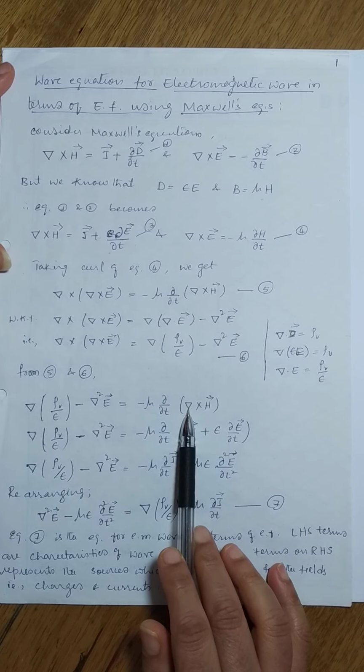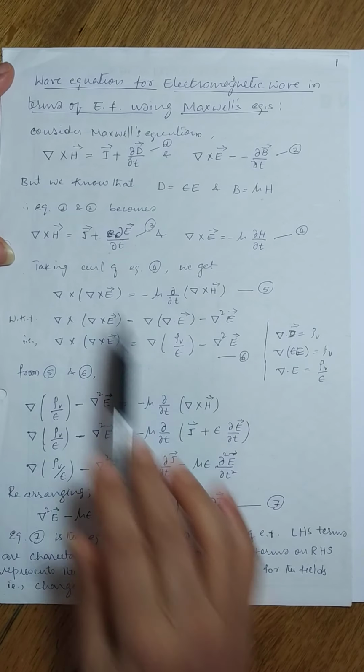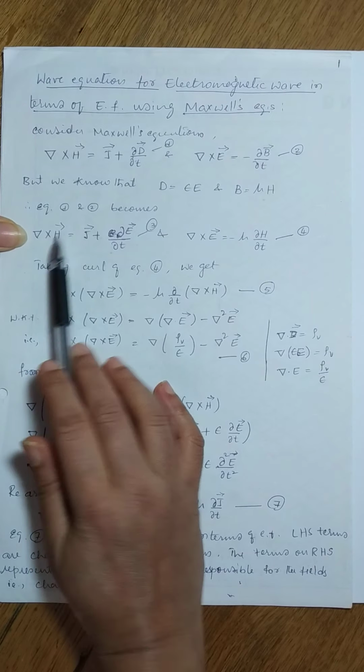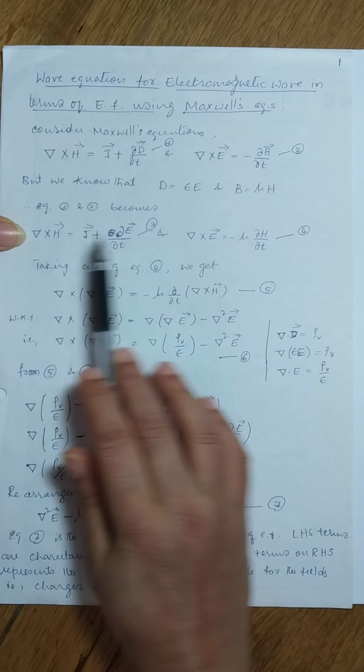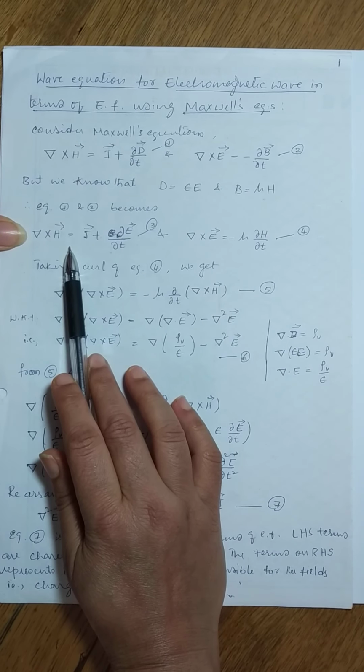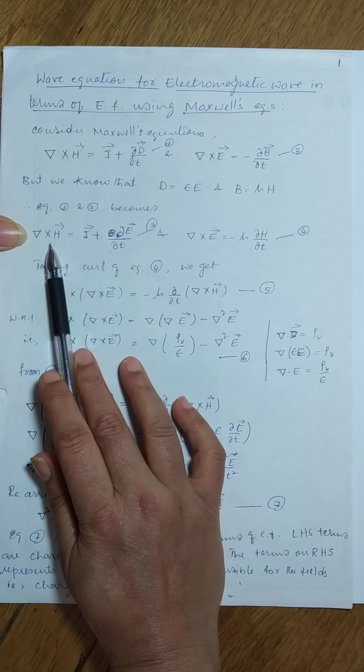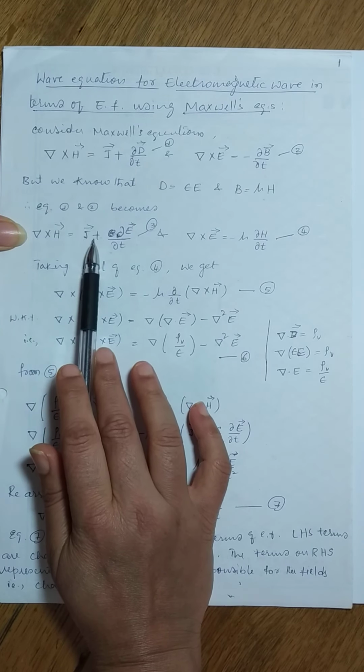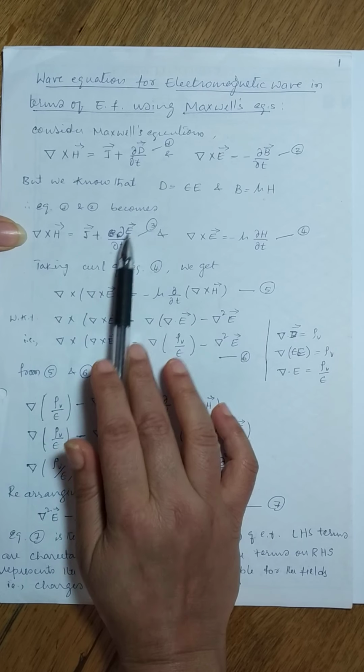and we know that from equation 3, curl of H. Here we are using equation 3. We proceeded with equation 4, now we are making use of equation 3. According to equation 3, curl of H is equal to J plus epsilon dou E by dou t.